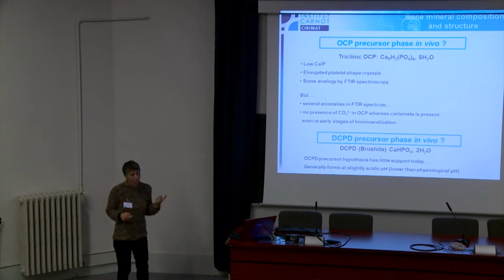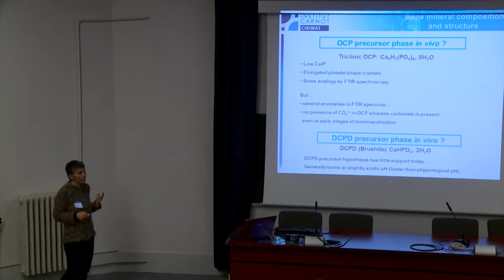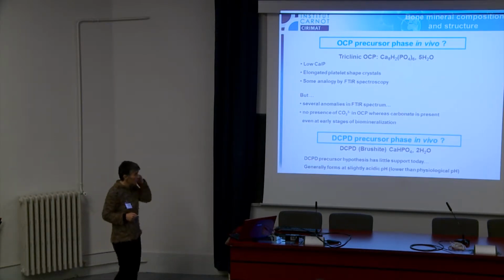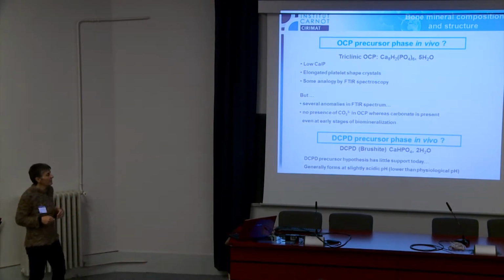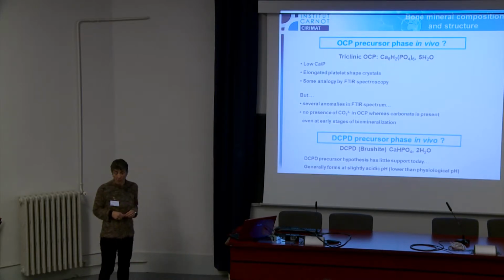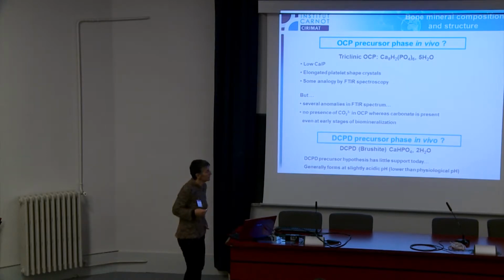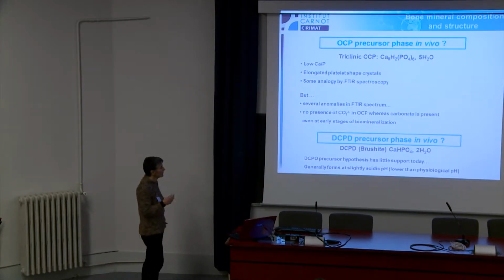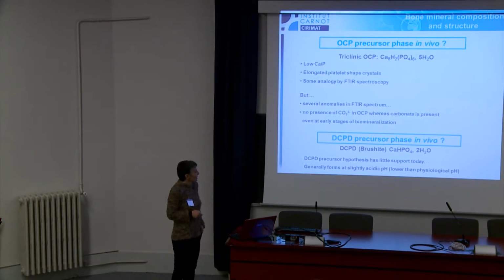And one important thing is that we don't have carbonate inside OCP, whereas we know that carbonate is present even at the early stages of biomineralization. So this is still under debate, but there is some discussion to have.